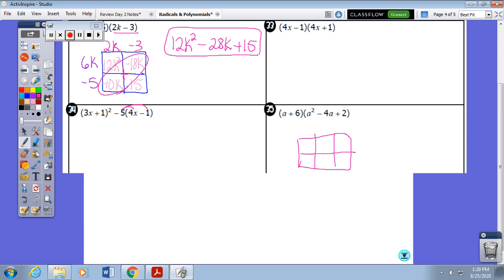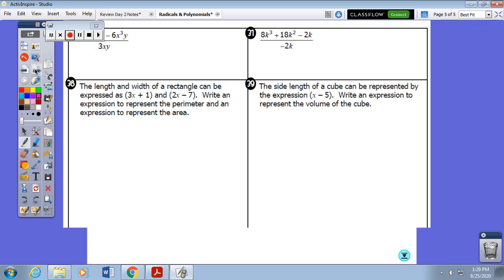So you end up with 2 polynomials you have to subtract, because be careful. Well, you can add, because you're just distributing the negative 5. Right? I'll go back through and give you all the answers to everything as we go through.